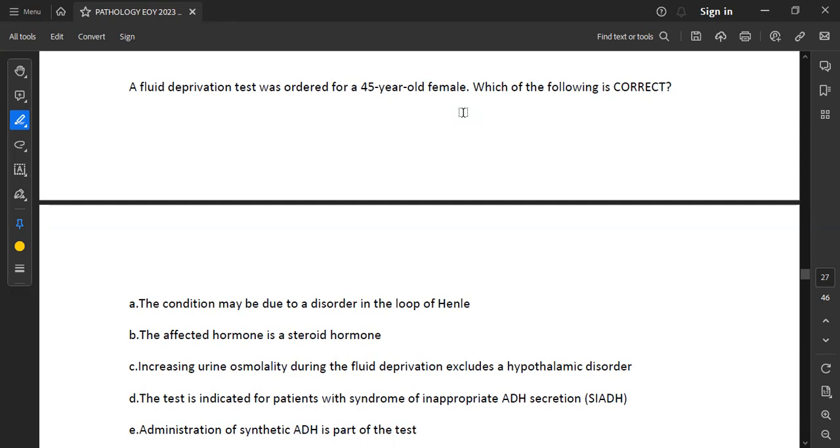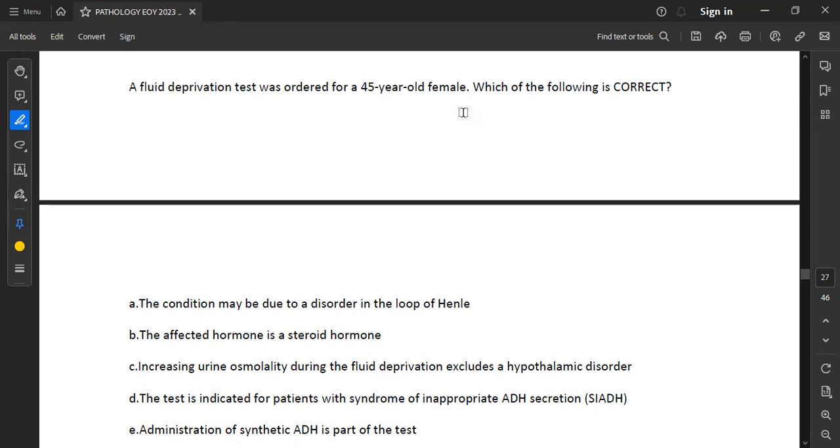Usually people with SIADH have increased secretion of ADH, so for them the fluid deprivation test is not necessarily done. And these people have decreased serum osmolality and increased urine osmolarity, which is contrary to this person who has diabetes insipidus.